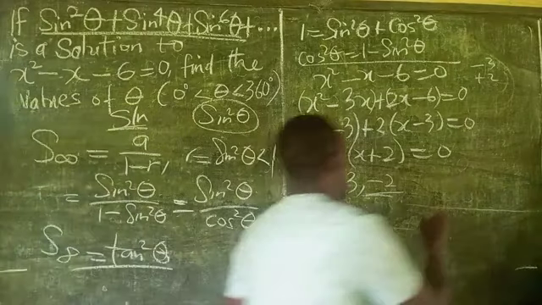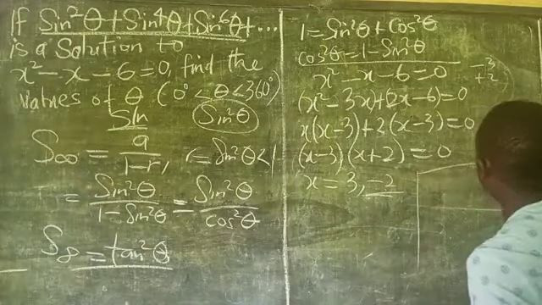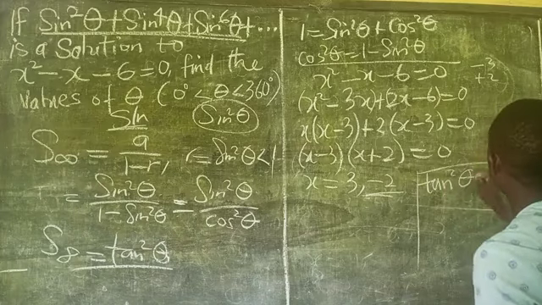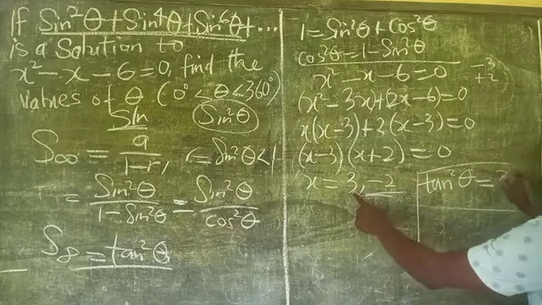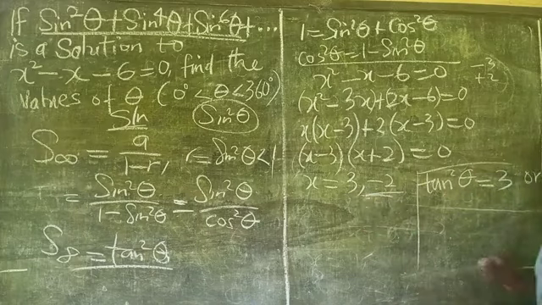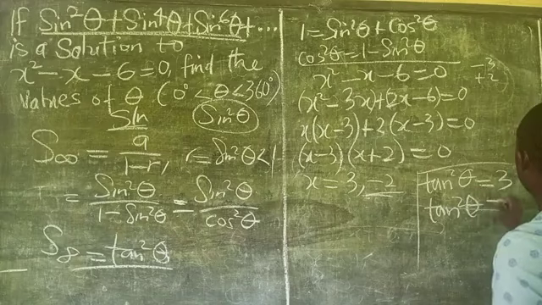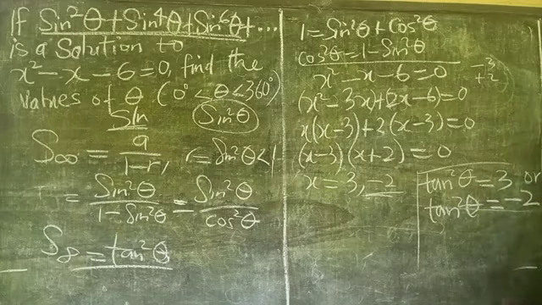What do I mean? Going forward, I'm going to say that tan square theta is equal to 3, or tan square theta is equal to minus 2.